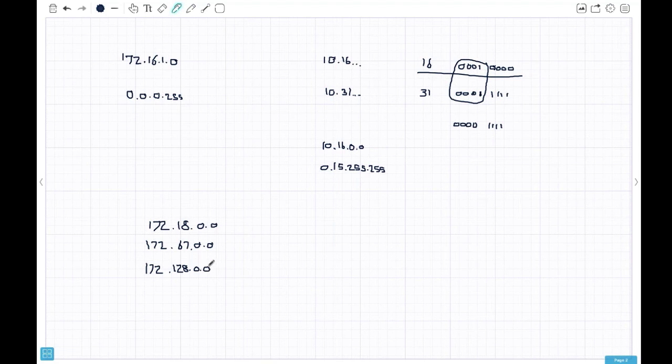You may want to create the most efficient mask you can to block 172.18 and 172.67 and to allow 172.128 through.